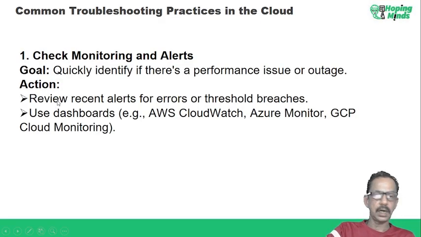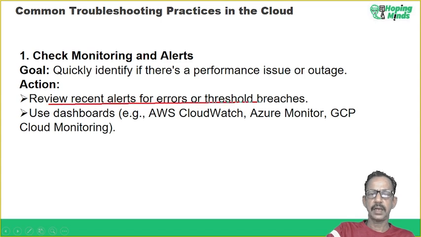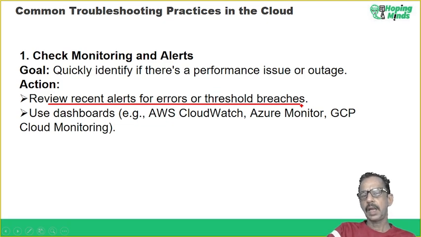Review recent alerts for errors and threshold breaches. What are the errors coming there? And if there is an alarm, like I showed you in my last video how we can breach the threshold, we did it with the help of a script file, but in the real production environment, depending on the application load, it can happen.